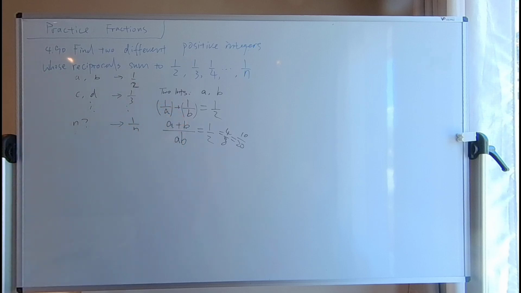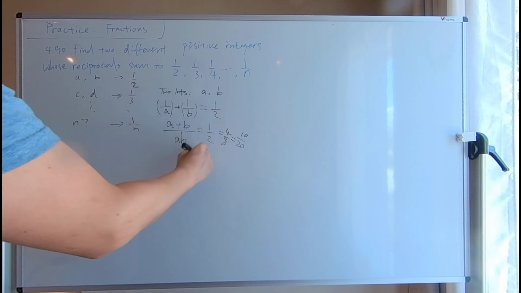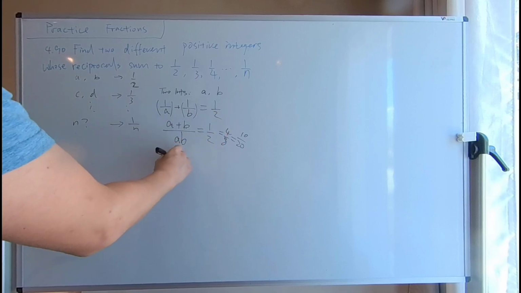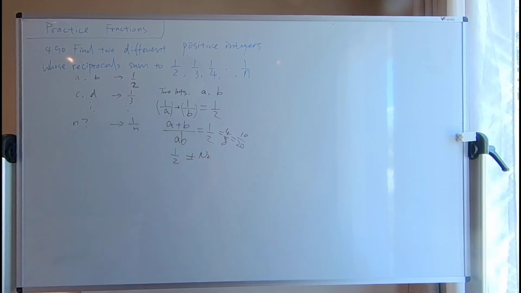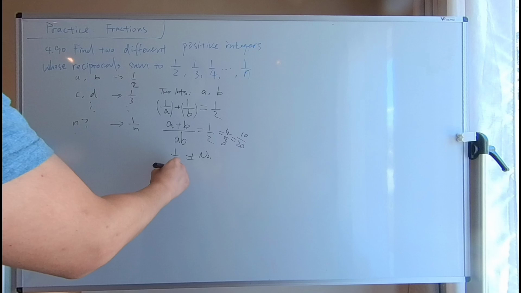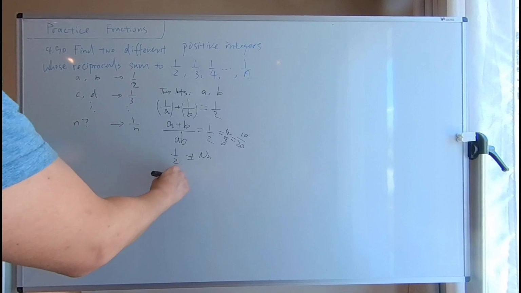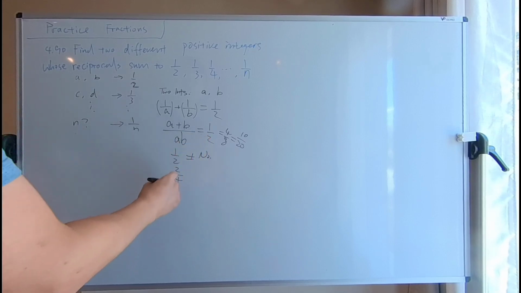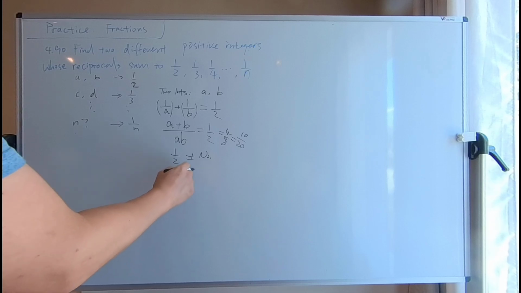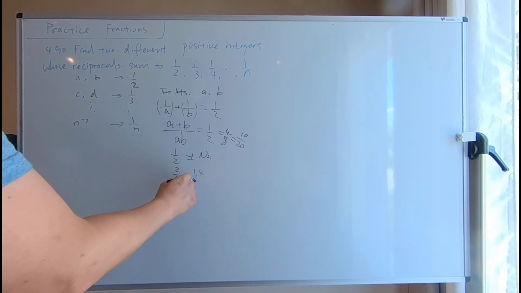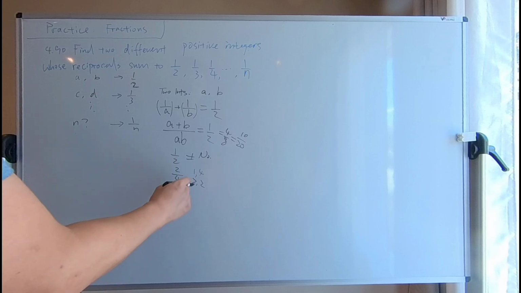Maybe let's try a couple of random cases backward. For example, if this number eventually is 1 over 2, there's no solution, because 0 cannot exist in the denominator. How about 2 over 4? That first means I need two numbers multiplied to 4. All the factors of 4 are either 1 and 4, or 2 and 2, and nothing else.